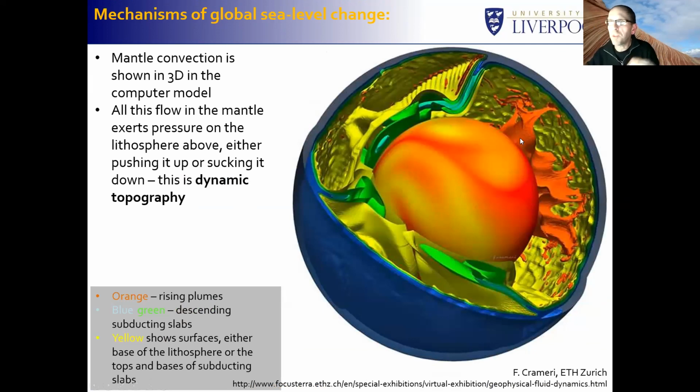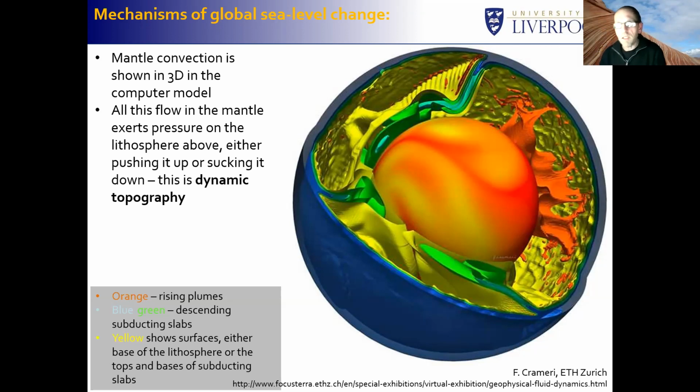That convection has an influence on the Earth's surface, because places where you've got rising buoyant plumes of upwardly convecting mantle rock hit the base of the lithosphere and force it upwards. It's like having a spot, probably not a very nice analogy, but you kind of know what I mean. Another way to think about it would be a pan of boiling water or soup. You can see the way the hot plumes coming up from the base of the pan hit the surface and raise the surface of the soup or the water.